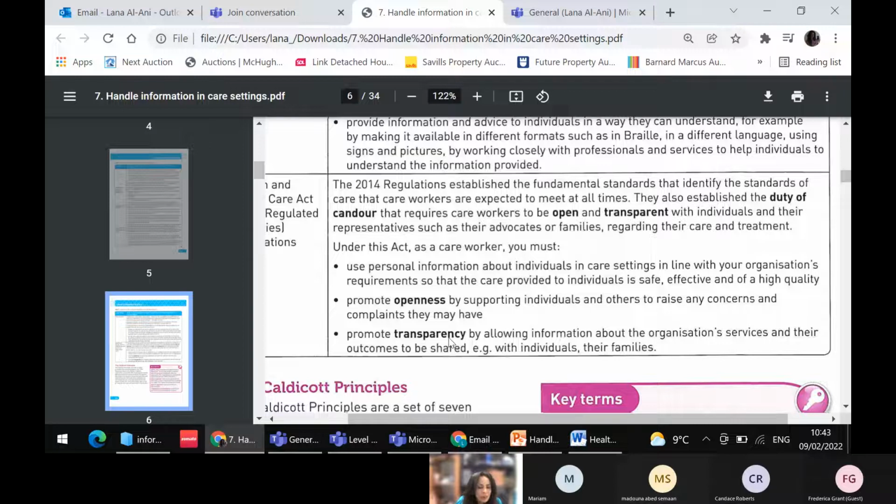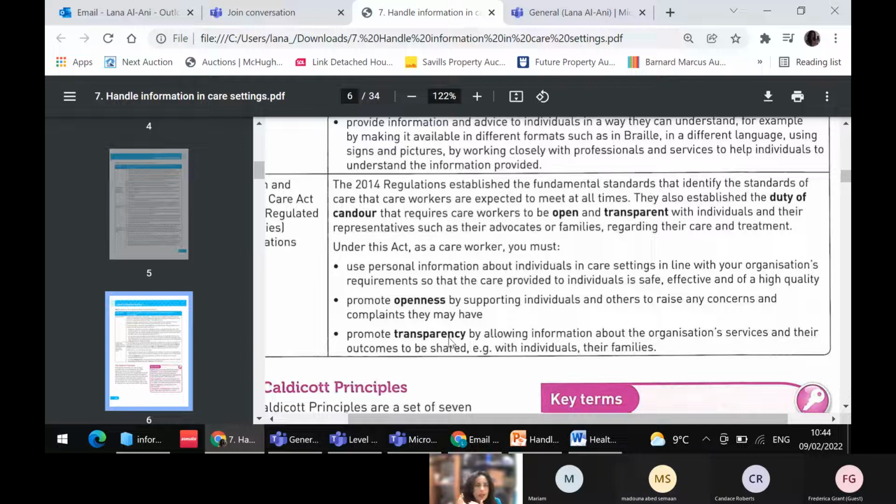Yeah. So transparency is opposite to barrier. Transparency means we are open to them. They can see through. They can understand. So it's very important. So the organization needs to be transparent with the individuals and their families.